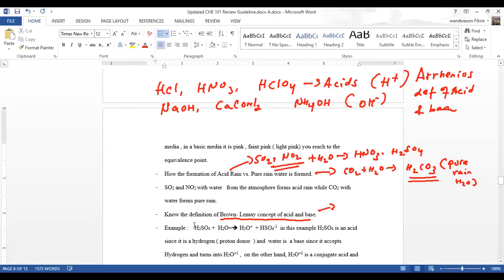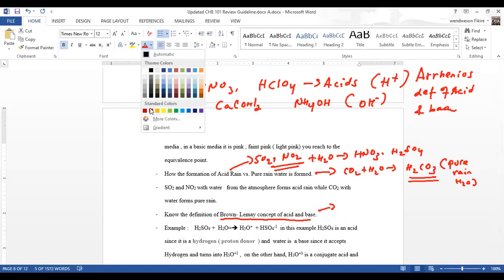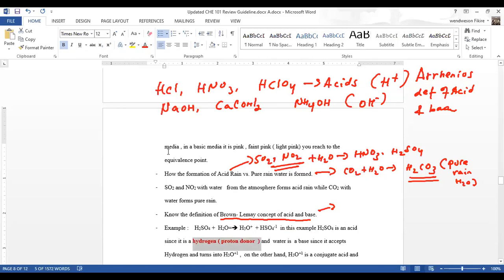If you look at sulfuric acid here, it gives a hydrogen ion to water, and the water becomes H3O+, and sulfuric acid loses hydrogen. So in this case, sulfuric acid is an acid because it's a proton donor, or a hydrogen donor. All right. I'll give you this later on anyway, so that I can update that for you.